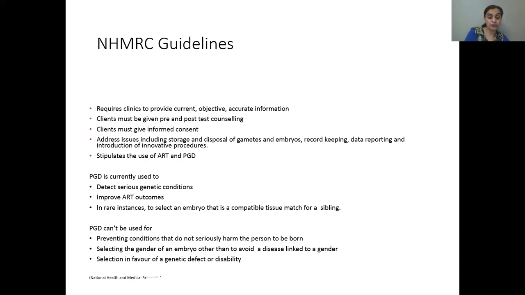You also can't select in favour of a genetic defect or disability. Now, that's quite interesting because in the States you can. And there's been some interesting case law of a homosexual couple who selected to have a hearing impaired child, a deaf child, on the basis that both the women involved were hearing impaired themselves.